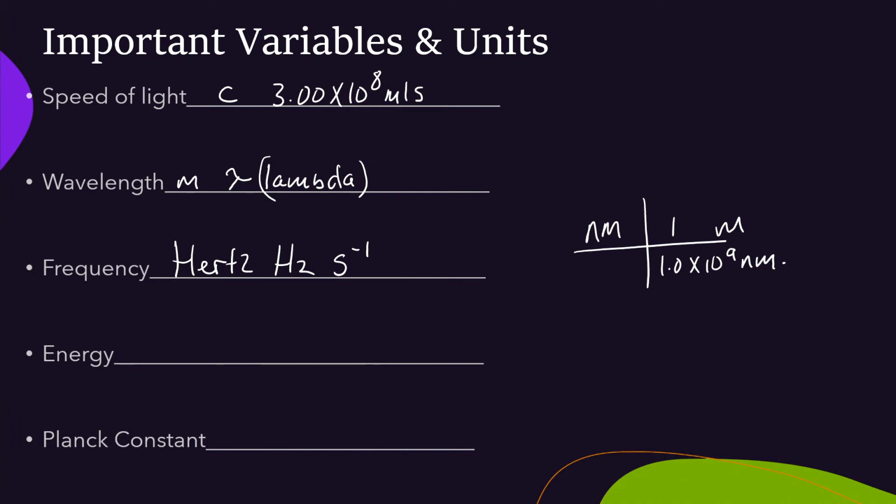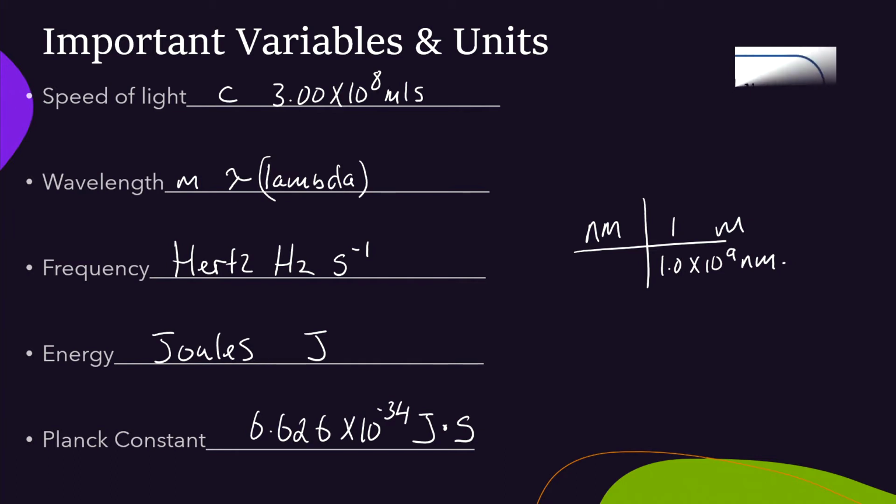For energy, energy will be measured in joules with a capital J, and our Planck's constant is going to be 6.626 times 10 to the negative 34 joules times seconds.